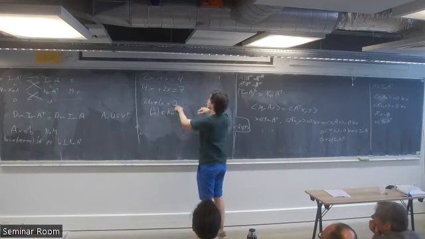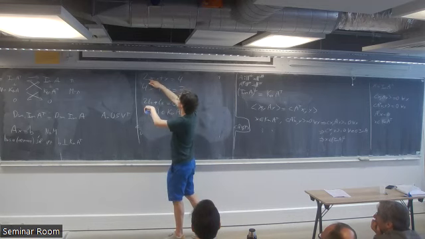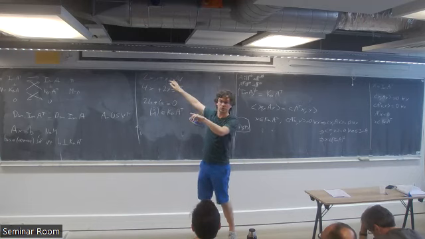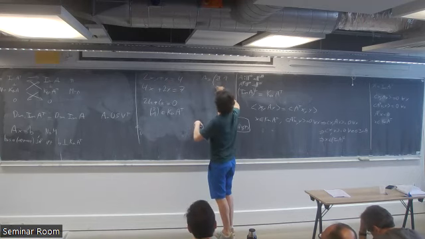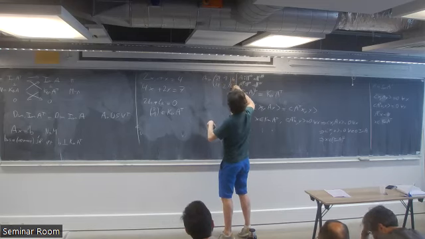Sorry, by L1 and L2, I just mean the lines of the homogeneous equation. So A is 2, 1, 4, 2, and this I call L1 and this I call L2.